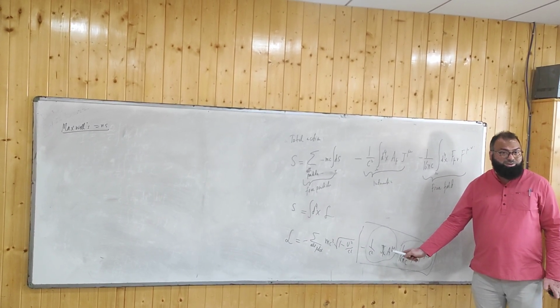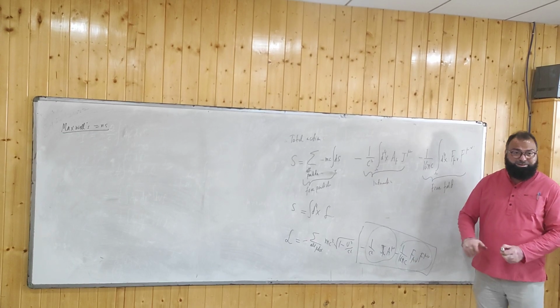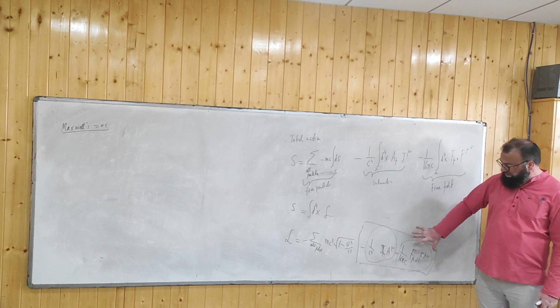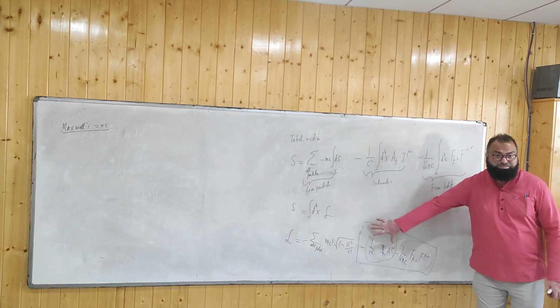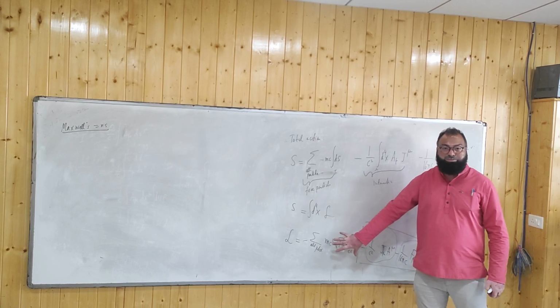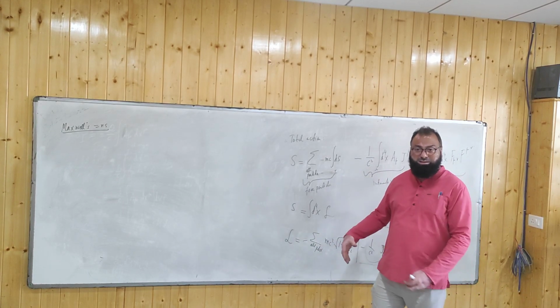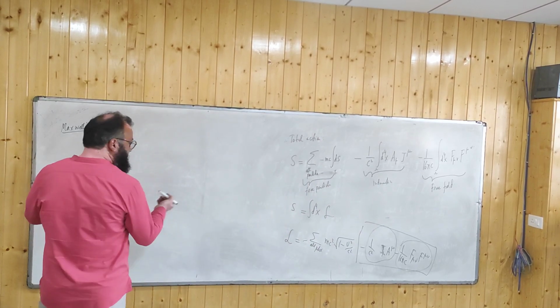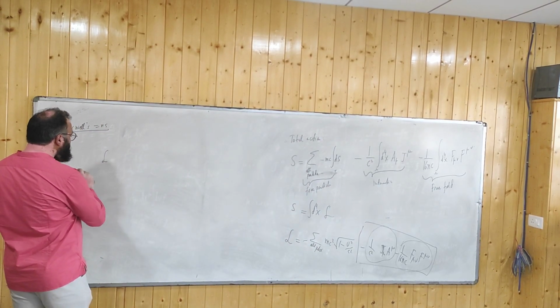If I want to get Maxwell's equations from this action, I need to vary this part of the action. Since the other part does not contain any property of the field, its variation over the field variable will be 0.